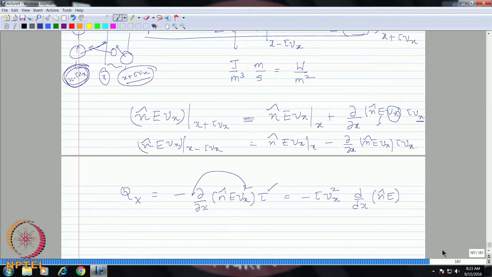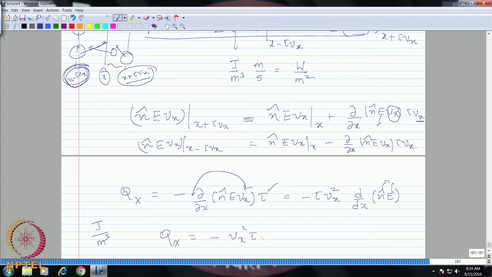So, this is what we are going to do, and then we will split this as minus Vx square tau into d by dx of, basically, your number density times E. The units of this will be joule per meter cube.